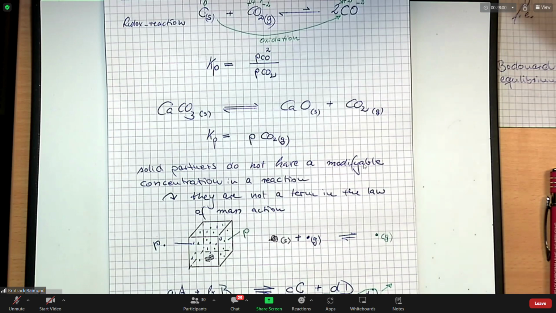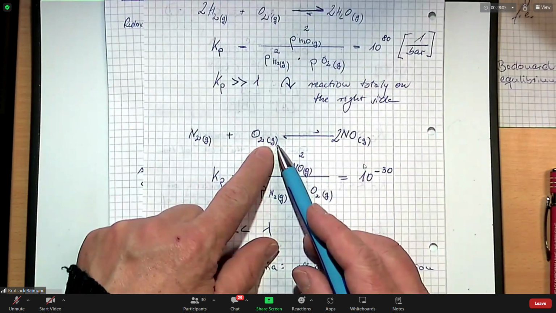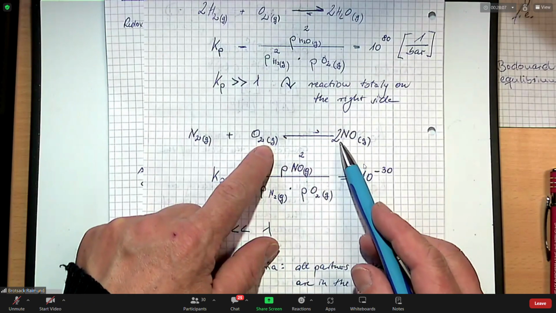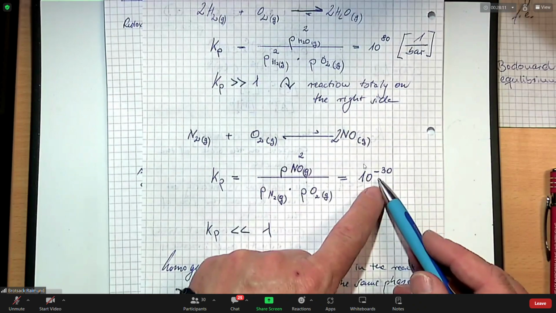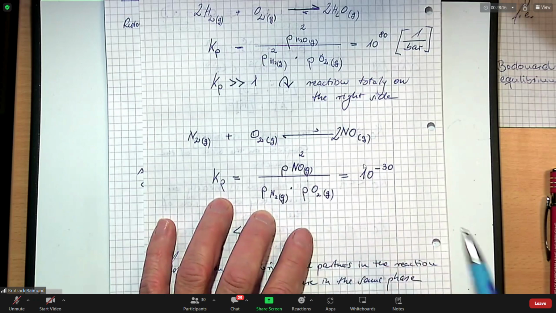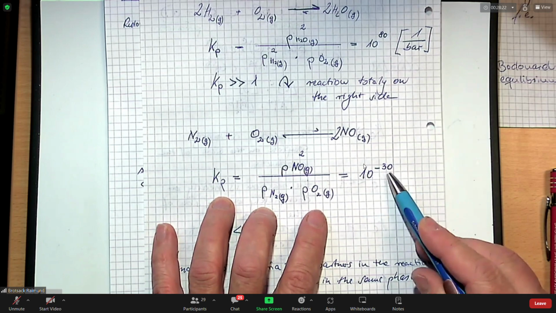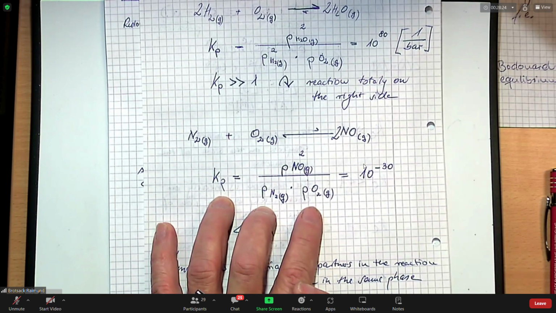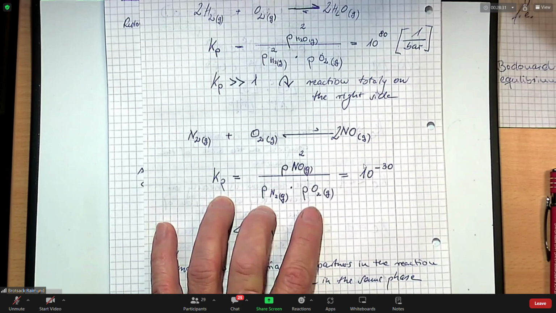Now we know nitrogen and oxygen form NO, but not really easily. It doesn't work because Kp is 10 to the power of minus 30. Look at this equation. What can we do to increase this number, or to have an influence on that reaction?